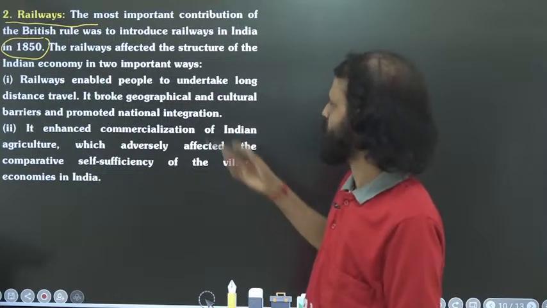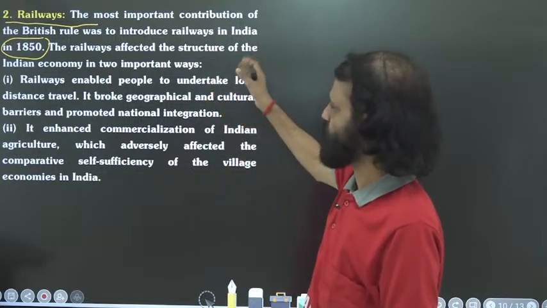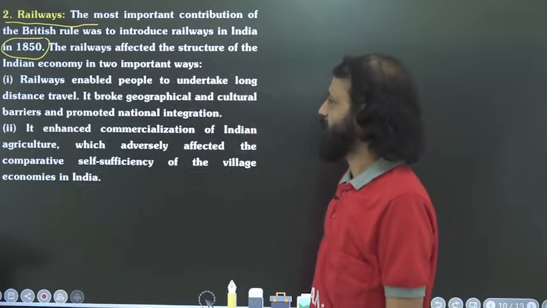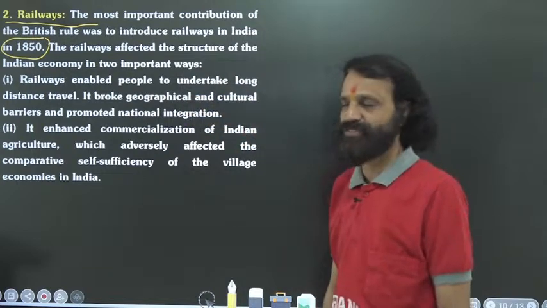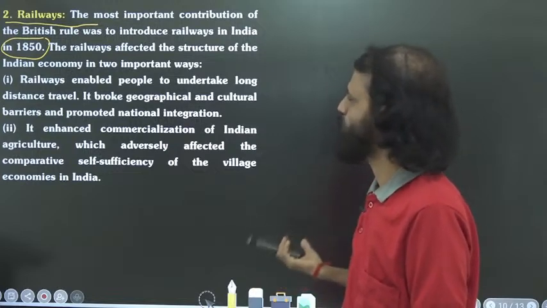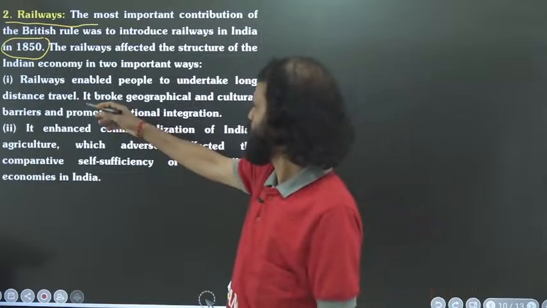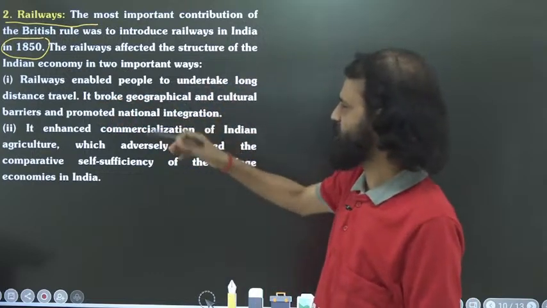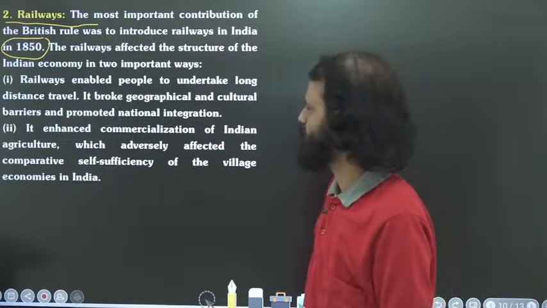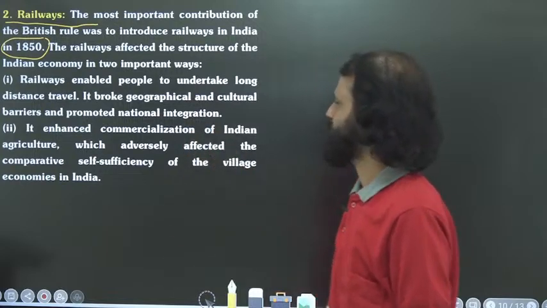The railways affected the structure of the Indian economy in two important ways. Why is Indian Railway significant in the Indian economy? Railways enabled people to undertake long distance travel. It broke geographical and cultural barriers and promoted national integration.